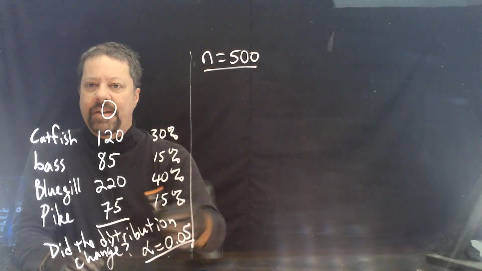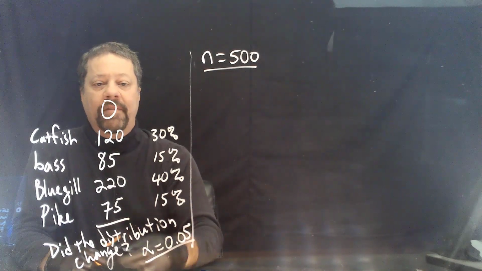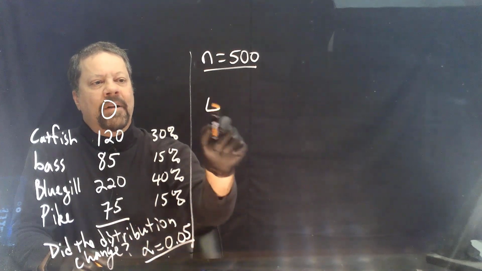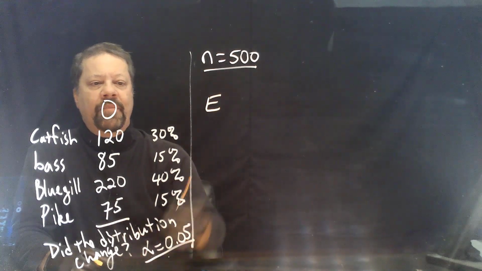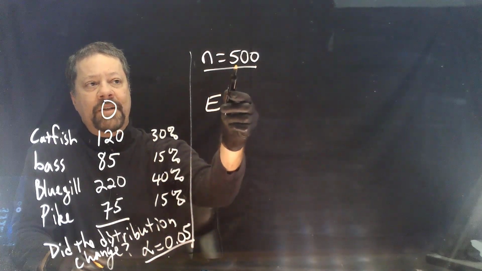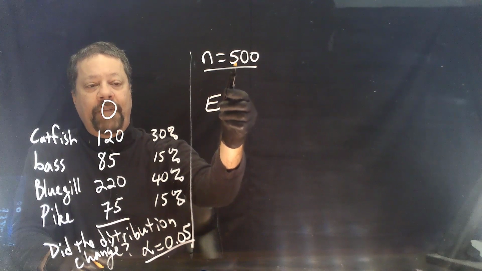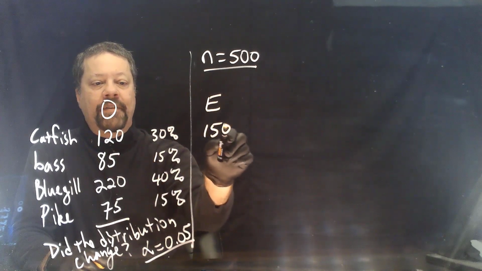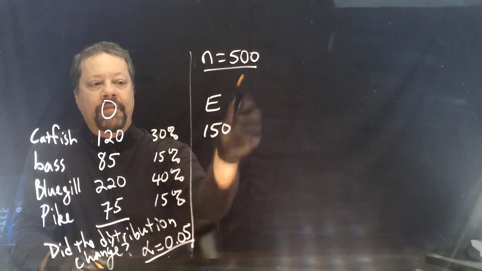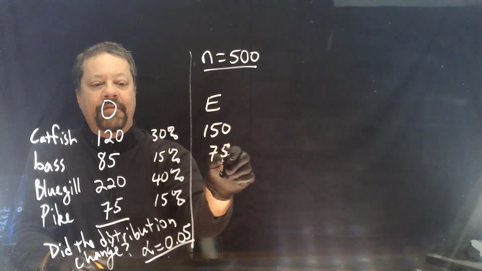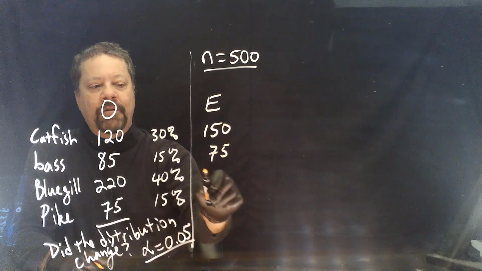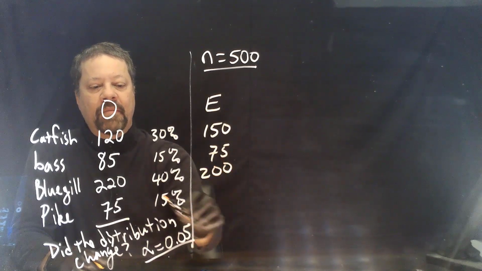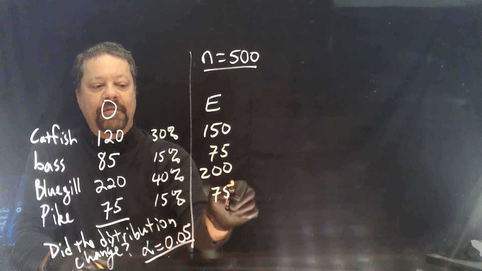This is the percentages that we originally started with in the lake. What are the expected values? We expect 30% of 500 catfish. That's what, 150? 15% would be 75. 40% would be 200. And 75.